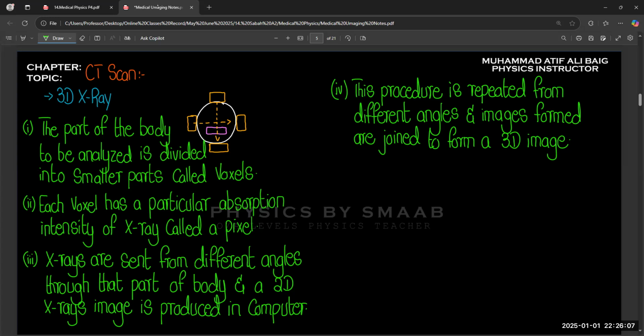And right now we got the complete answer, right? So definitely now this process repeats for different voxels also. This 3D image can be viewed from different angles.